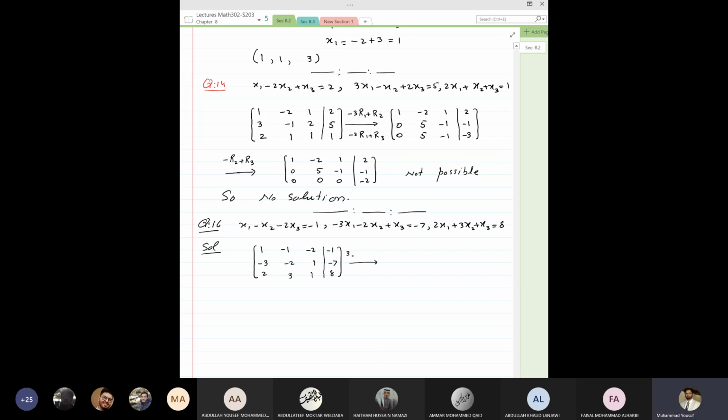So we have 3 times row 1 added to row 2, and -2 times row 1 added to row 3.